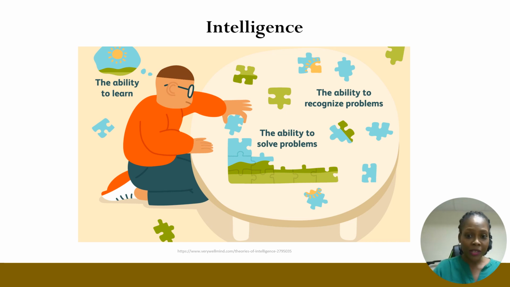If we were to give this individual the same puzzle another time, I bet you he would be able to solve it faster than he did the first time. Why? Because the individual has become intelligent. Therefore, from this image, we can say that intelligence is simply the ability to acquire and apply knowledge and skills.